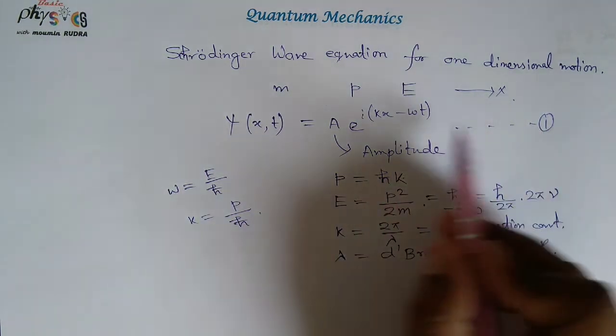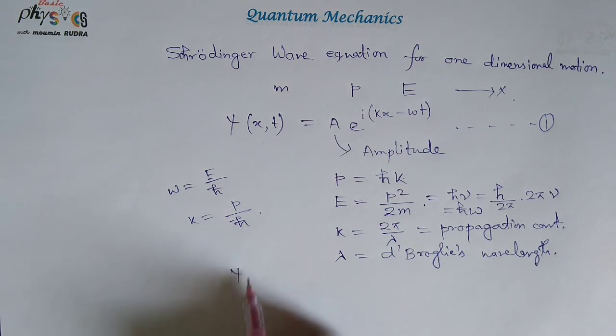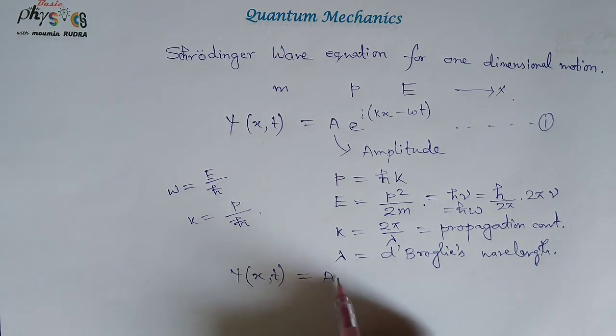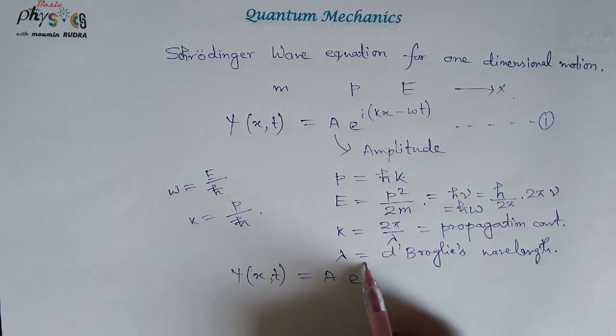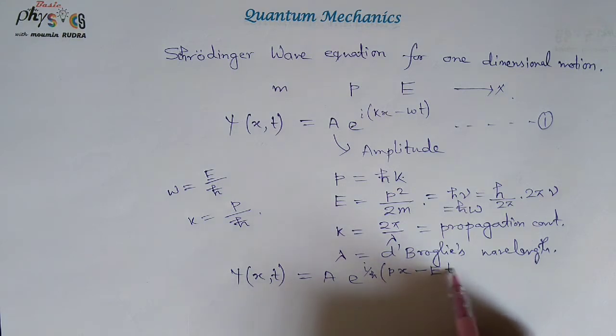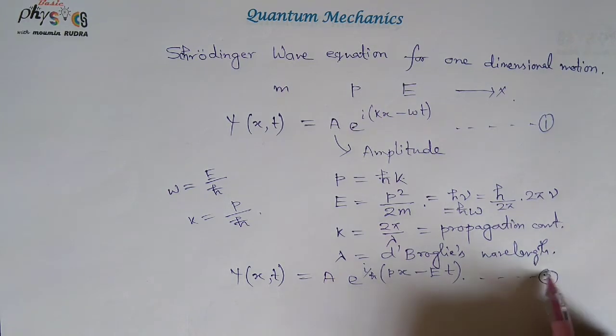Now replace this in equation 1: psi of x and t equal to A e to the power i by h bar, with h bar common, times (p x minus E t). So this will be equation number 2.